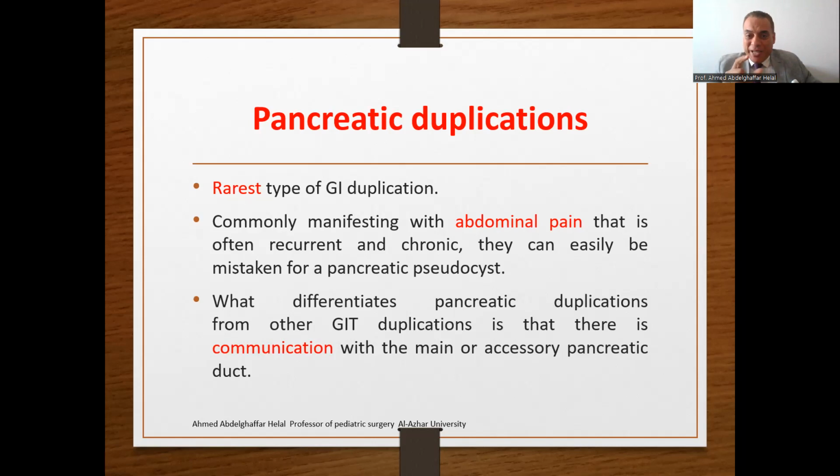What differentiates pancreatic duplication from other gastrointestinal tract duplications is that there is communication with the main or accessory pancreatic duct. It is very essential to differentiate gastric, duodenal, and pyloric duplications from pancreatic duplication. There is usually communication with the main pancreatic duct or accessory pancreatic duct.